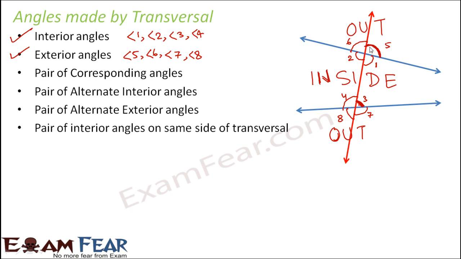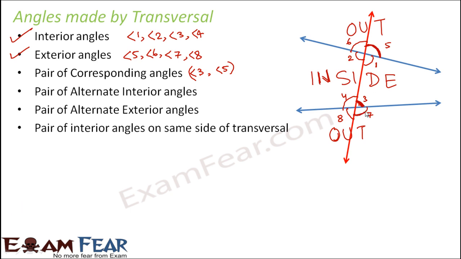When you look at the position of angle 3 on this line and the position of angle 5 on this line, you see that they are located at similar positions. They are on the same side of the transversal, and above the line. Correct? So we can say that angle 3 and angle 5 are a pair of corresponding angles.